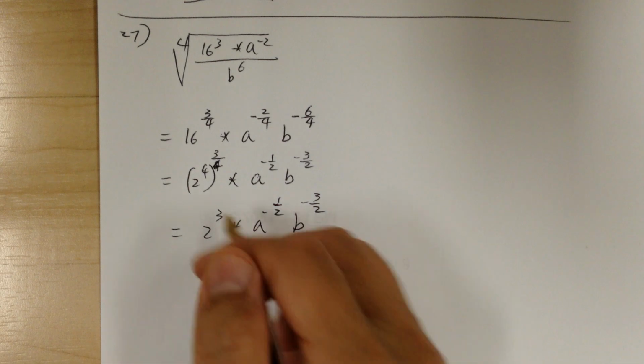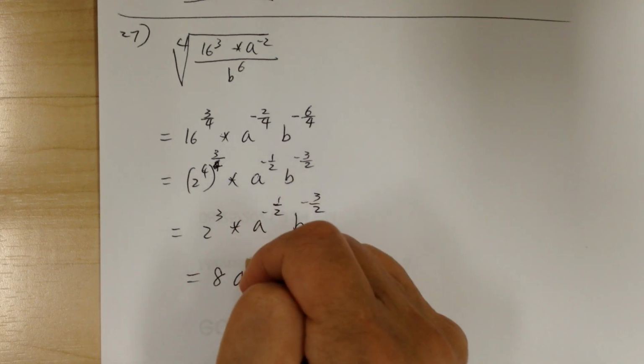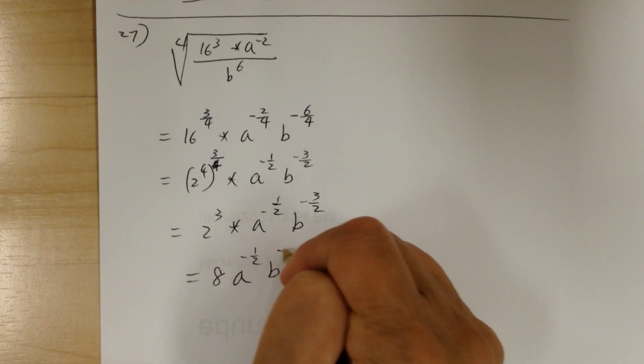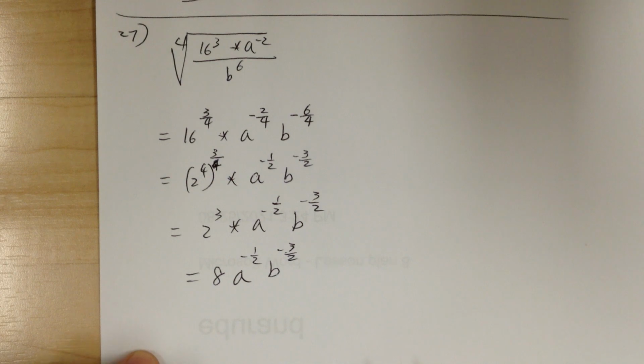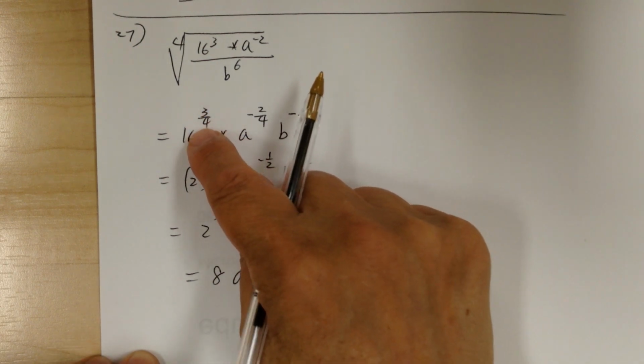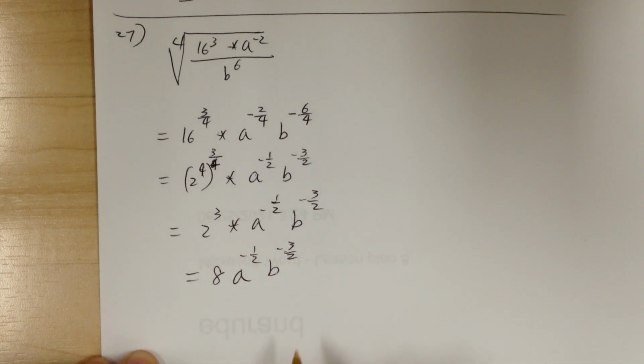Okay, and this will equal 8. And I can get rid of the multiplication sign. So a to the negative 1/2, b to the negative 3 over 2. Okay, so again, if you can make your number into the lower base, usually it works out pretty easily.